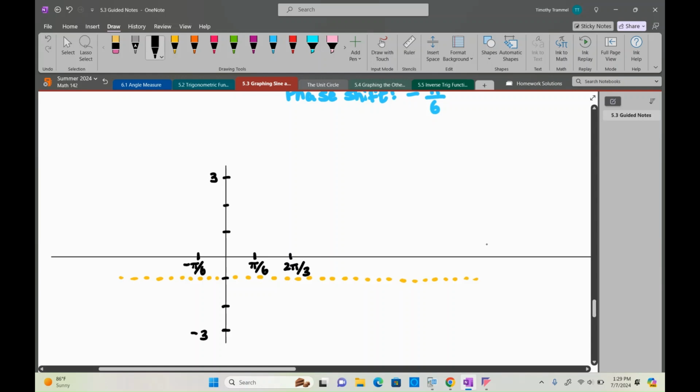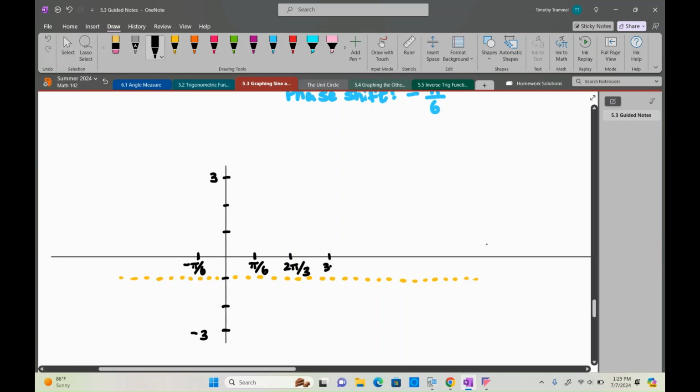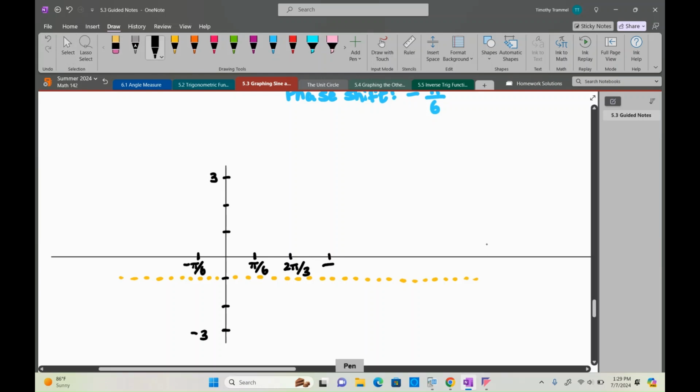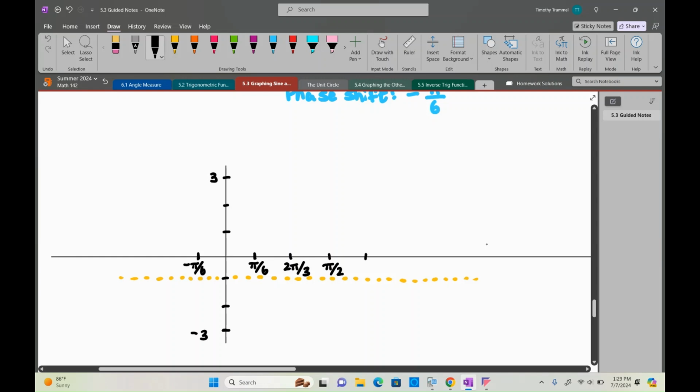Okay. If I add another pi over 6 to that, I'll get 3 pi over 6. And 3 pi over 6 is just pi over 2. And then we'll be at 4 pi over 6. Let's see. Oh, you know what? It will be 4 pi over 6, but I'm realizing I have a little typo over here.